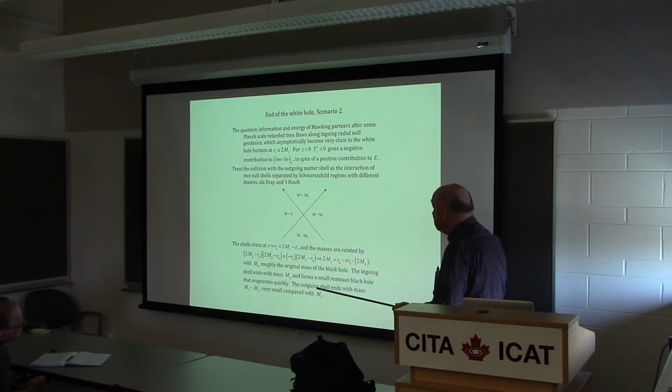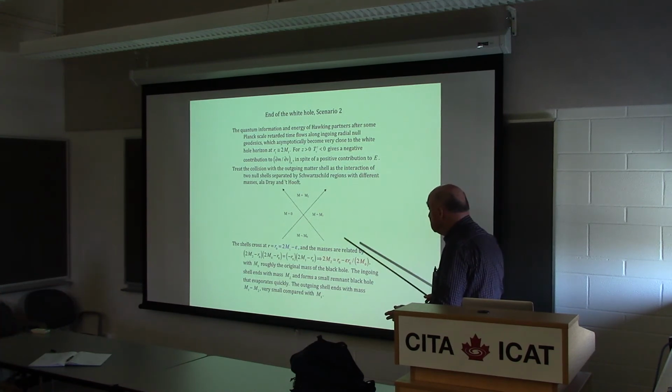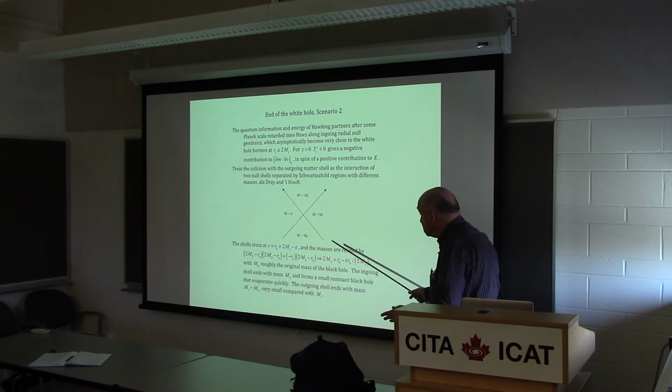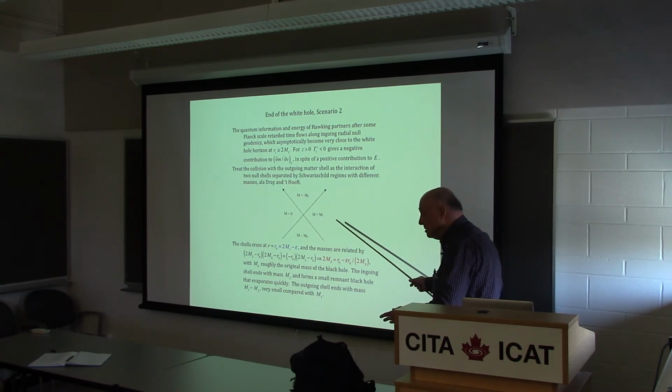And so then, ingoing radial geodesics as you go along, propagate inside the white hole, get closer and closer, in a certain sense, to the white hole horizon. They sort of asymptotically approach. And there's also an exponential blue shift as measured by some free fall frame at the white hole horizon.